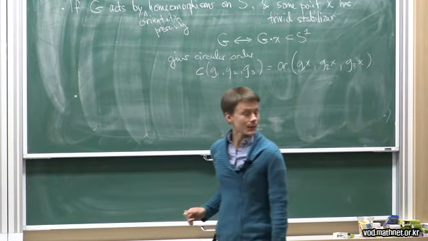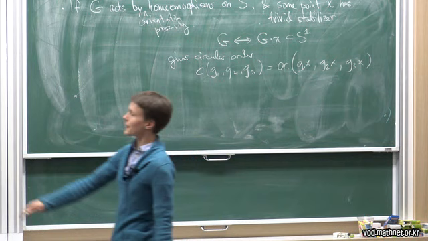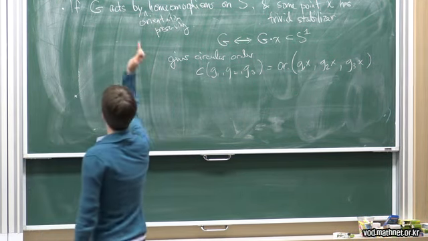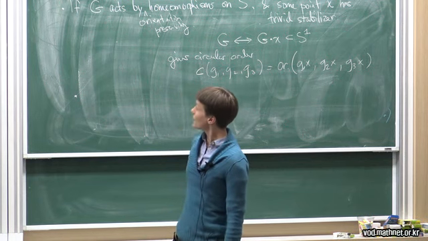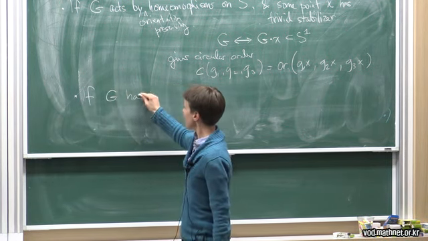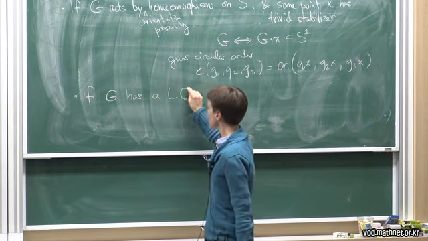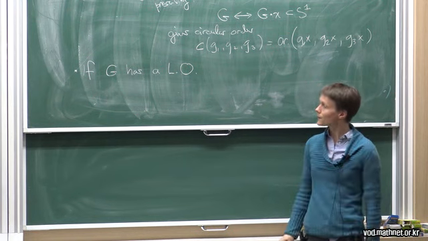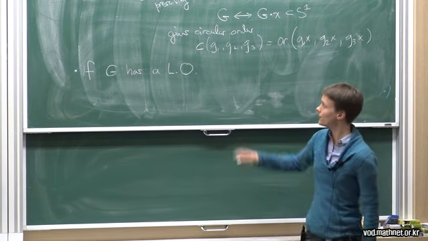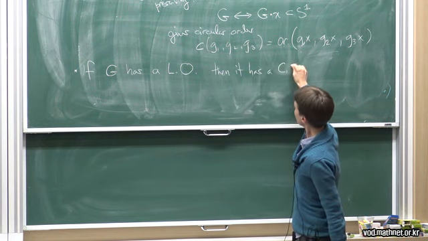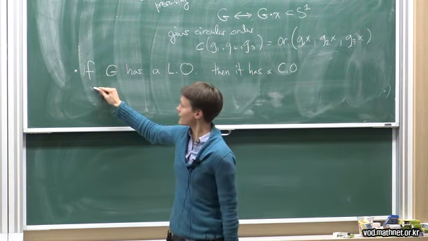Oh, and one more example. I advertised this. I was like, hey, it's more natural to study this more general concept. Here is why it's strictly more general. If G has a left invariant linear order, then it automatically has at least one left invariant circular order. And here's the proof.